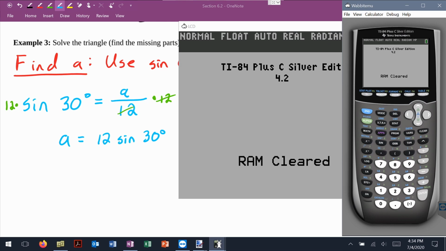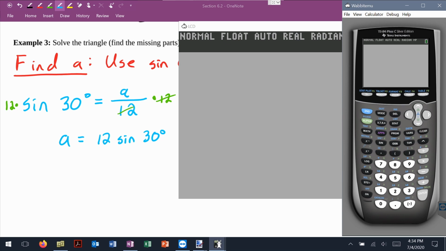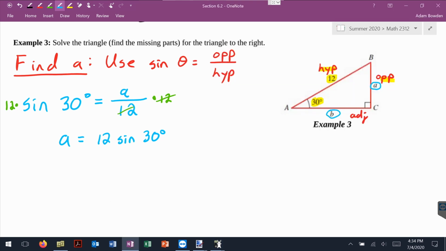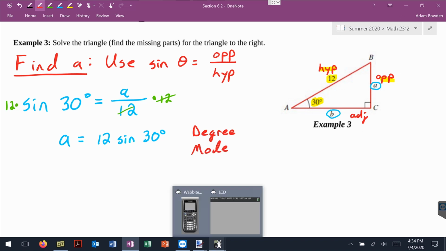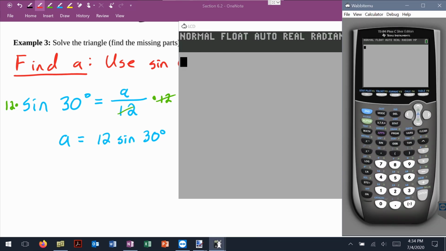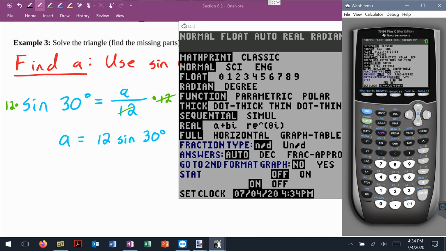Now there are ways of calculating this by hand, but for now let's use a calculator so we get adjusted to calculating these with degrees. And so I want to calculate 12 sine of 30 degrees. One thing I need to do in order to calculate this though is make sure the calculator is in degree mode. So back in section 5.2 I mentioned radian versus degree mode. Now we've talked about both radians in the last section and now degrees as well.